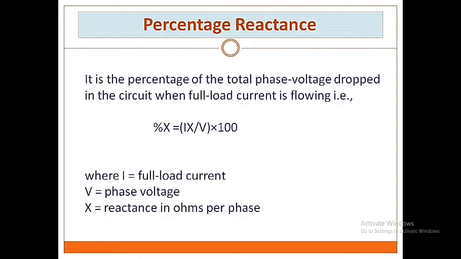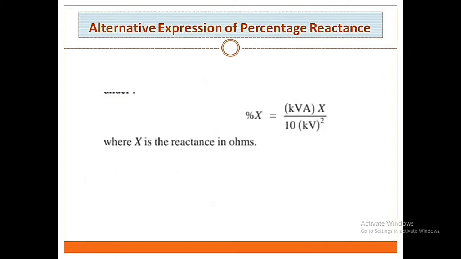Next, there is another expression for percentage reactance. Percentage reactance can also be expressed in terms of kVA and kV. kVA means kilovolt ampere, the unit of power, and kV means kilovolt, the unit of voltage.